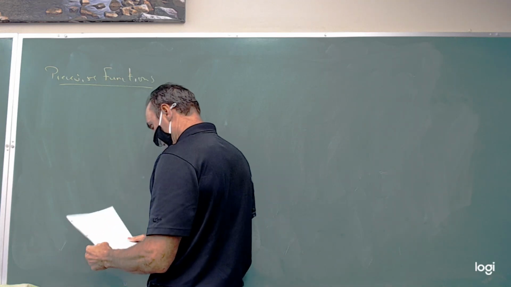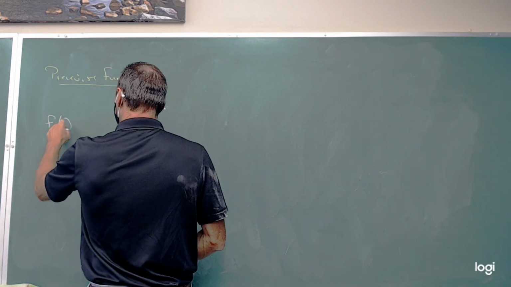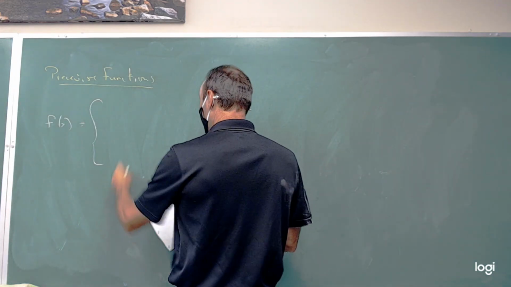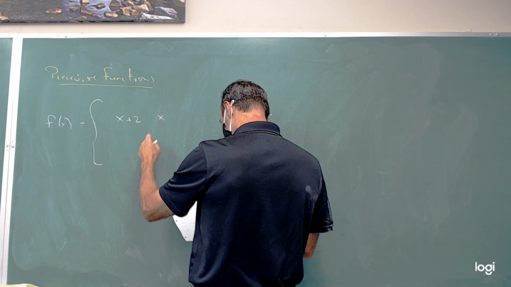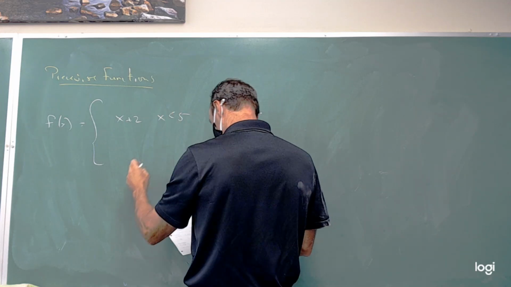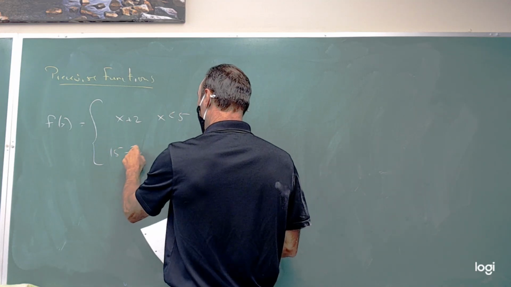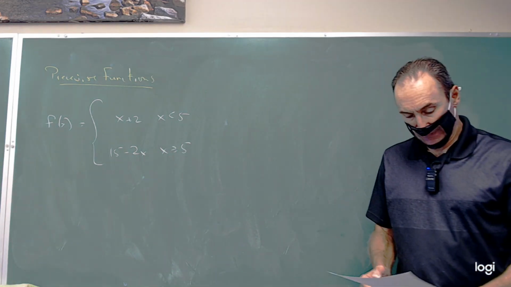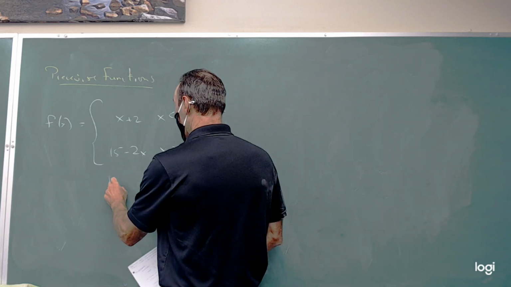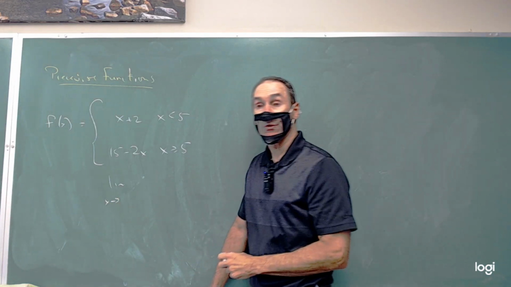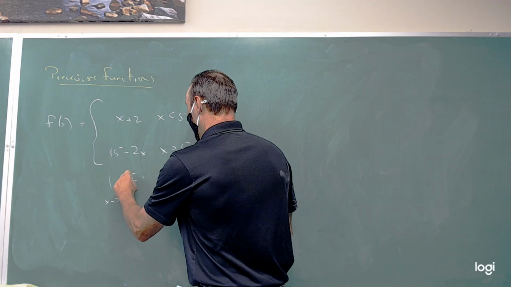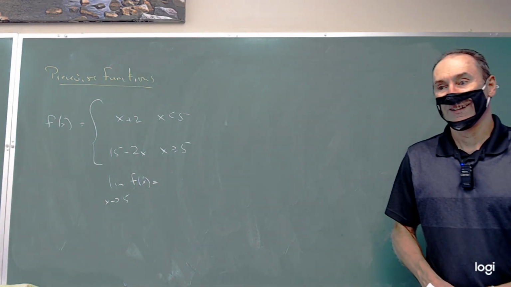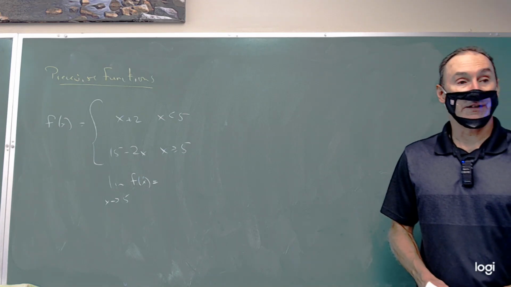So let's look at f of x is equal to, we'll say, x plus 2 for x less than 5 and 15 minus 2x for x greater than or equal to 5. And of course, the only interesting question to ask in terms of limits is, what is the limit as x approaches 5? Lots of questions we could ask, but it won't be very interesting.